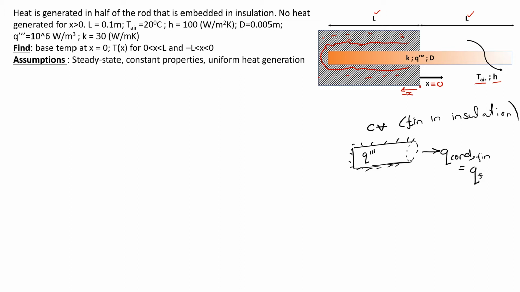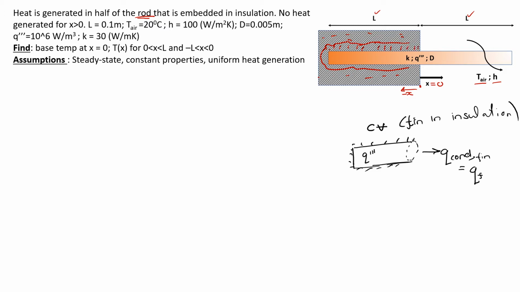And the question says that heat is generated in half of the rod, meaning the fin, that is embedded inside the insulation. So your heat is just being generated from the part that is inside the insulation.